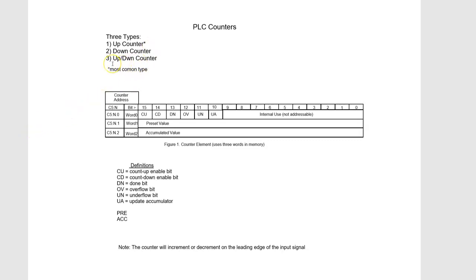This up-down counter, though, can you think of an application where you might use one? Why would you want to be able to count up and count down? What would you use that for? Any idea? One example I think of is a parking garage.